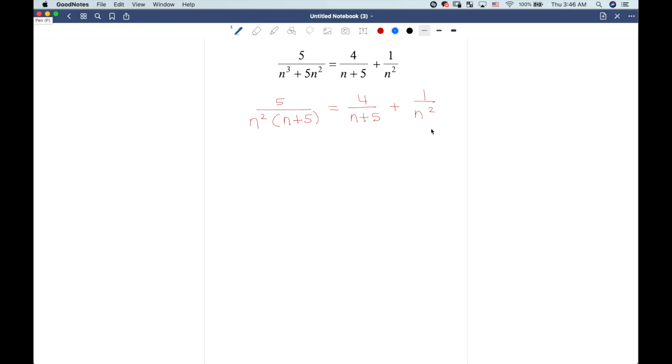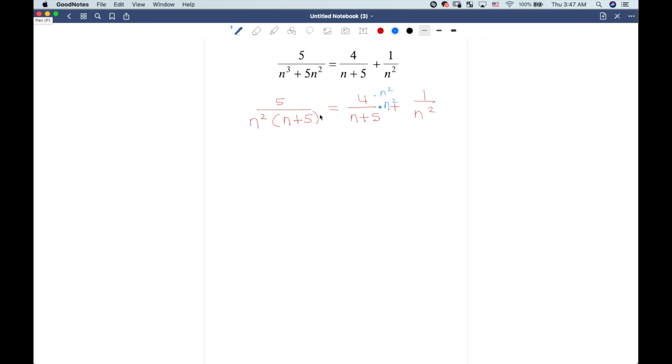So what does that mean? We want all of them to have the same thing. That's how you get common denominators. So if I have n squared here, and I have n plus 5 here, but I only have n plus 5 here, well, I want the n squared here as well so that it matches. So that I can multiply this by n squared and the top by n squared. And look at the third fraction. I have n squared.